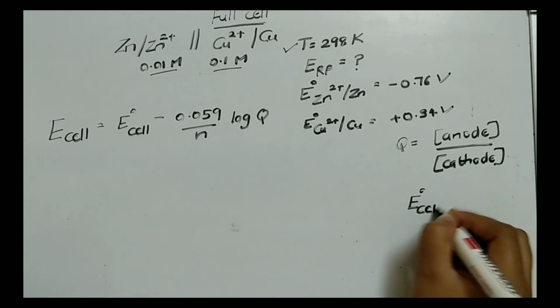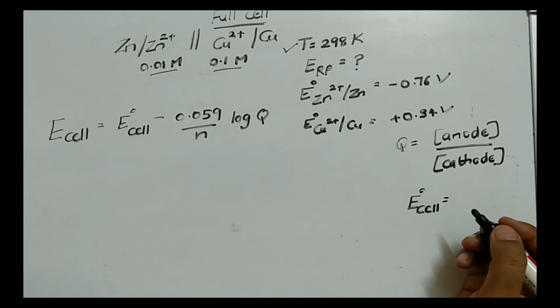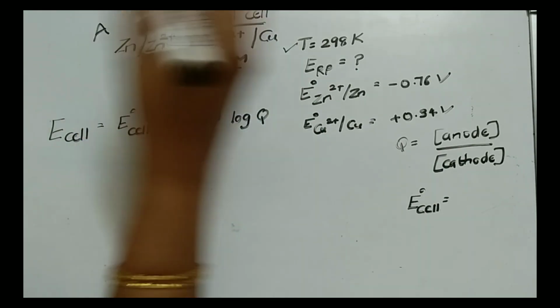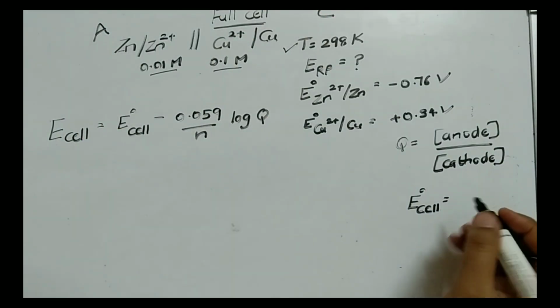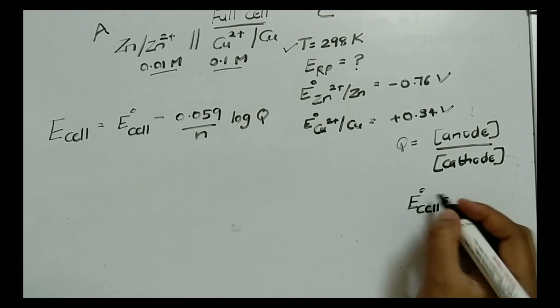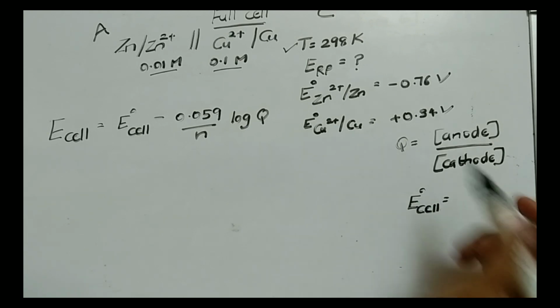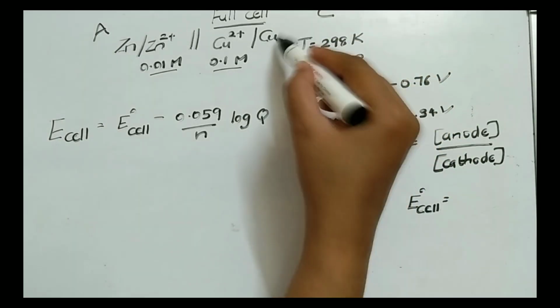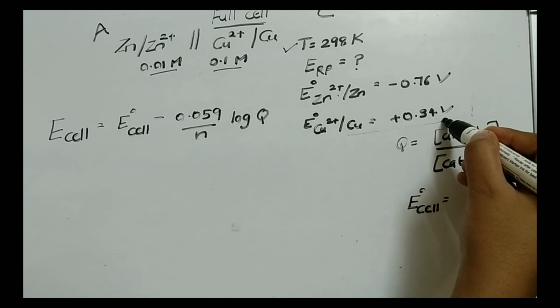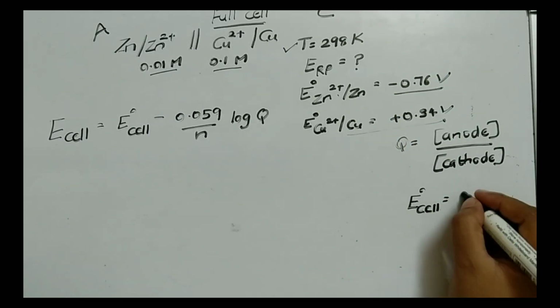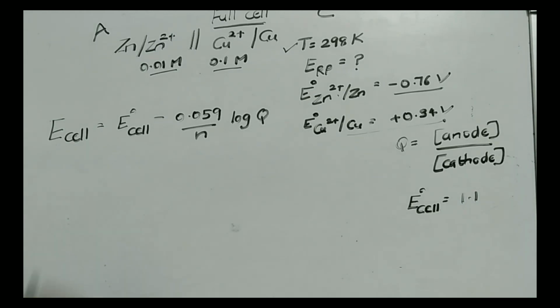Hope you remember: E cathode minus E anode. In a galvanic cell, this side will be anode, this side will be cathode. You remember, E right minus E left. Both values are given to you. For the cathode it is 0.34 minus of minus 0.76, and you get 1.1 volt.